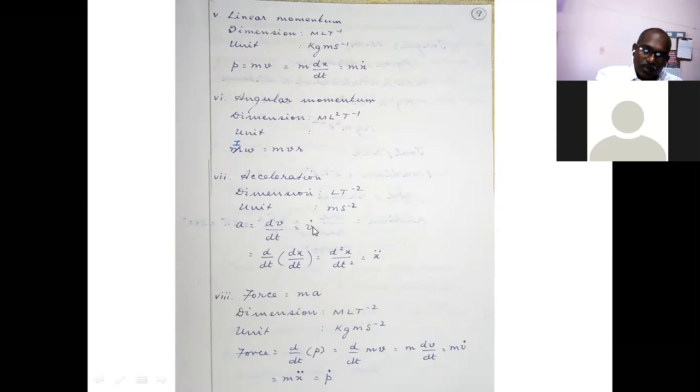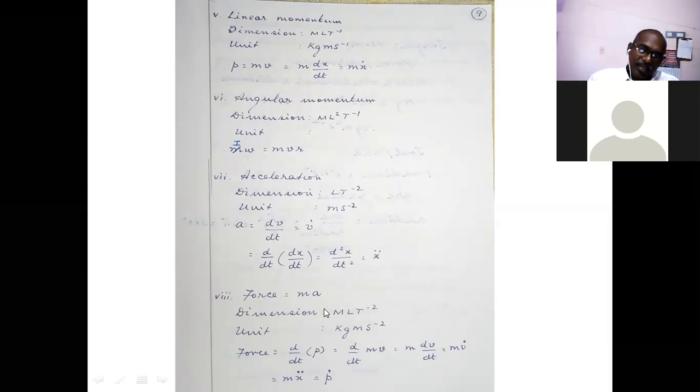Dot means differentiated with respect to time once. But v itself is a differentiation. Velocity is the rate of change of position. Hence, it can be expanded as d by dt of dx by dt, which is equal to d square x by dt square, which is equal to x double dot. Double dot means differentiated twice with respect to time.